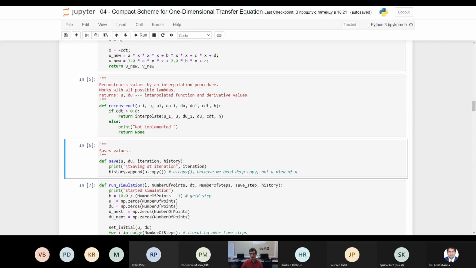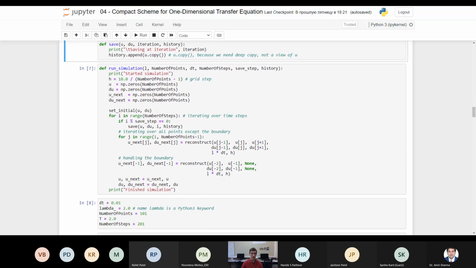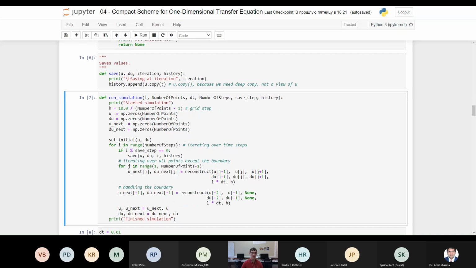Normally you would save data to the disk and try to do it efficiently, but here we have a small one-dimensional problem, so we can just store everything in memory and not use the hard drive. And now this function, run simulation, is actually the main function of the whole code, which determines the numerical method.